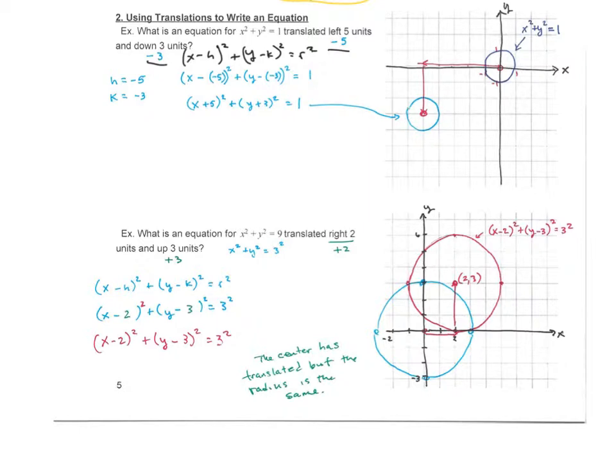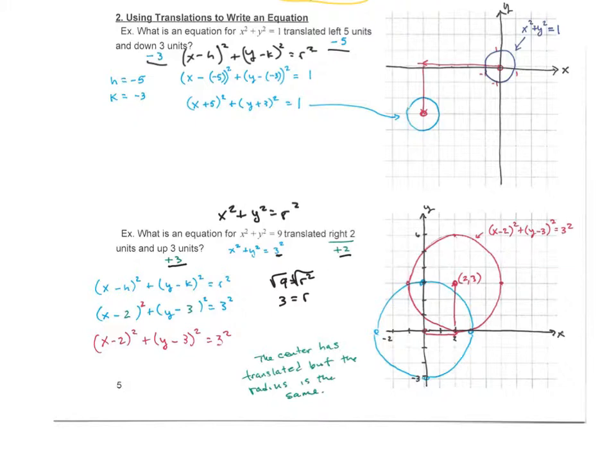Right 2 units is going to be positive, and up 3 units is also positive, because that's the direction we're heading on the coordinate plane. I do know that my standard equation is x² + y² = r². Since they gave us 9, 9 equals r², therefore r equals 3. So we can rewrite that as 3² right here.